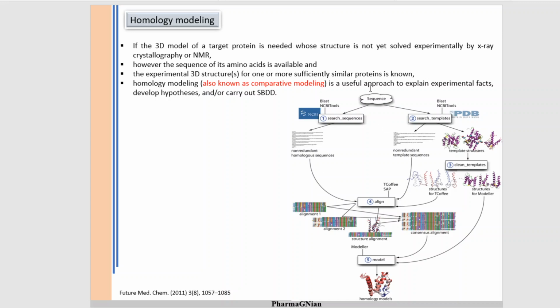The working protocol uses the amino acid sequence as an input to derive a particular structure.